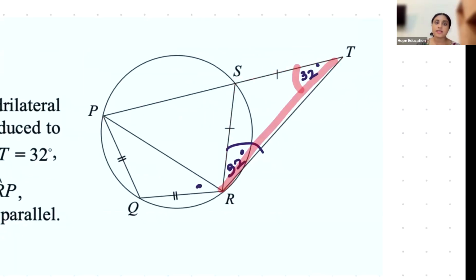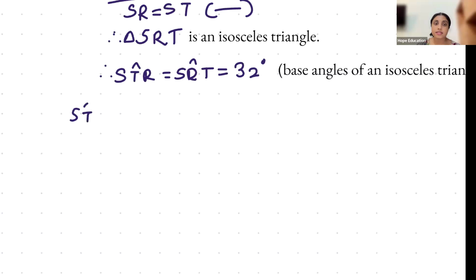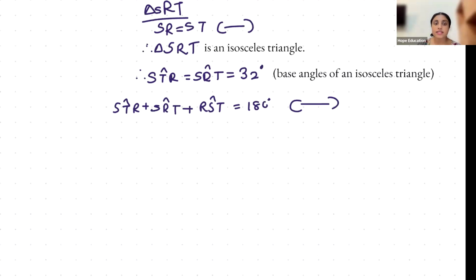Since we know that this is 32, we can find RST too, because it's a triangle. So I write STR plus SRT plus RST equals 180. Reason, sum of interior angles of a triangle. Now STR is 32 degrees, SRT is also 32 degrees.